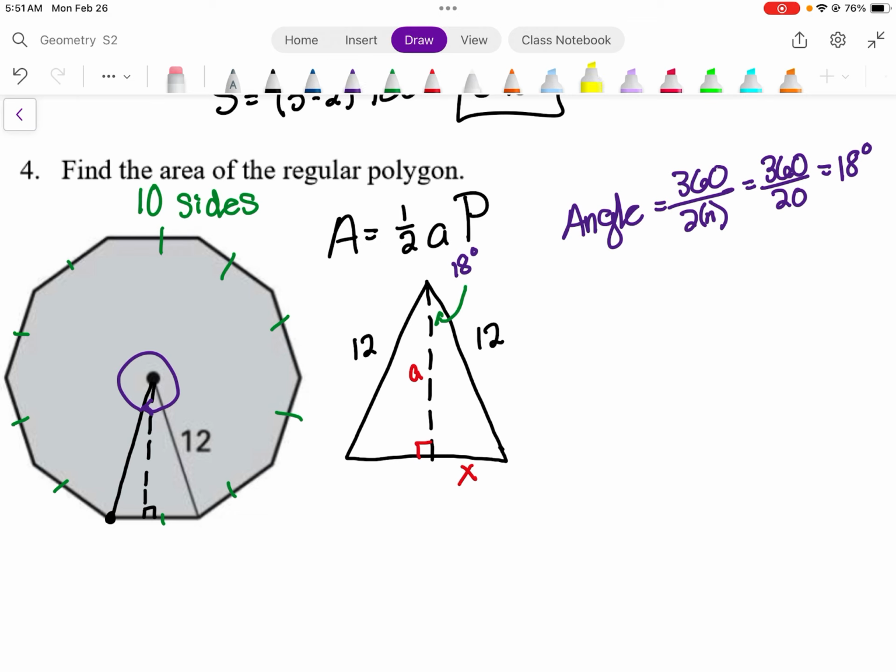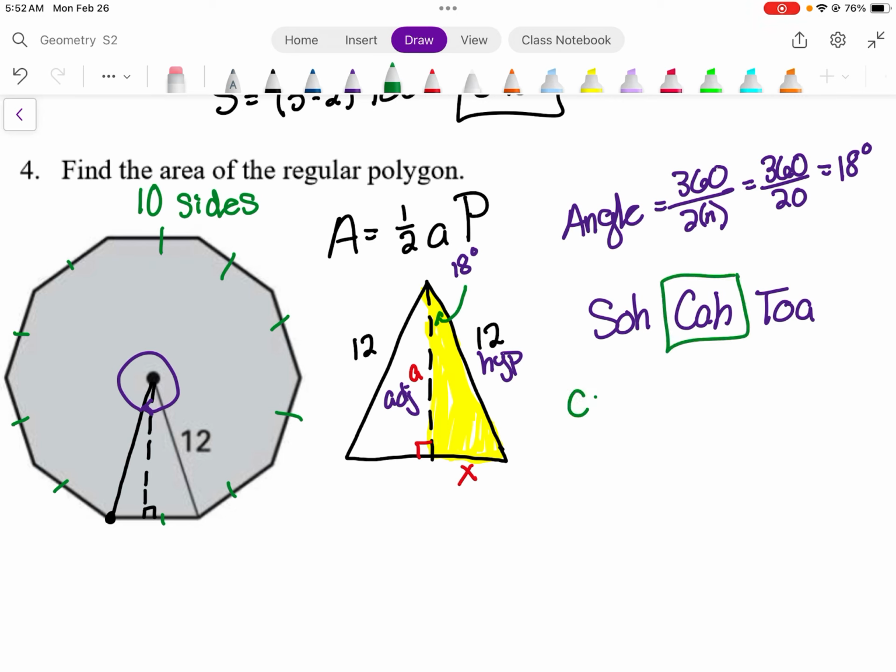Once we have that, then we have enough information to use SOHCAHTOA to find our missing pieces. So if we start with the apothem, that one is the adjacent side, and we know the hypotenuse. So from SOHCAHTOA, we are looking for the adjacent and know the hypotenuse.